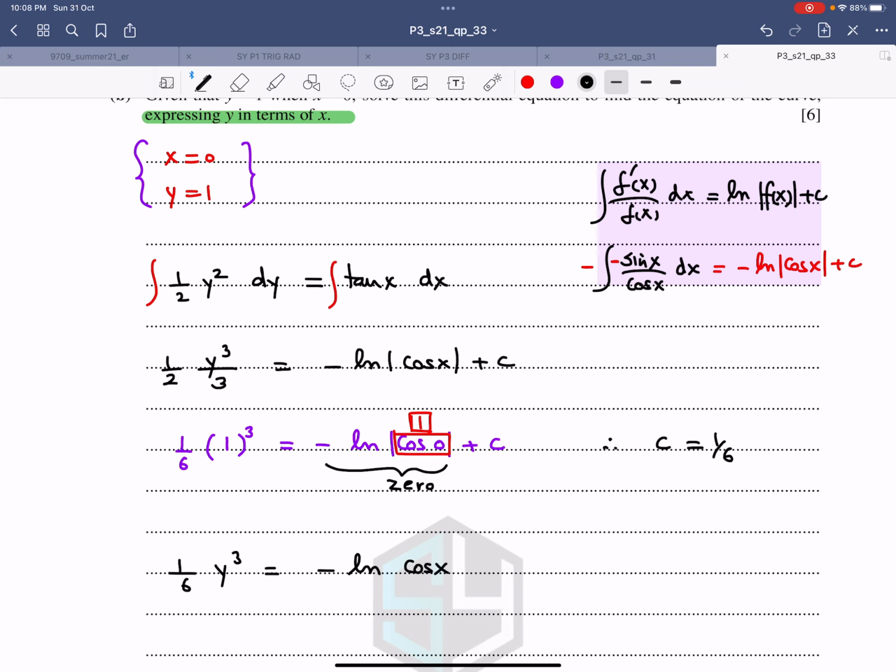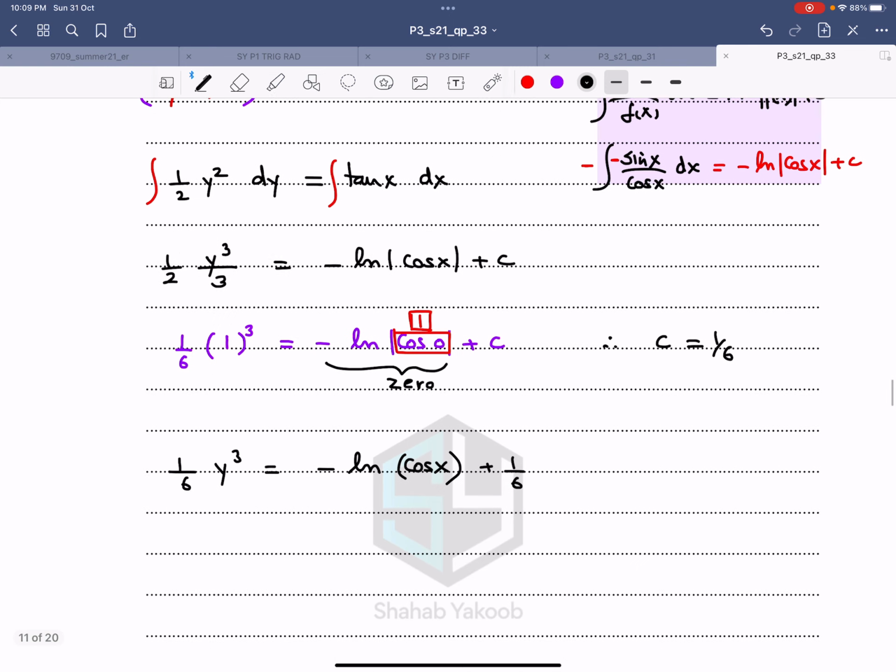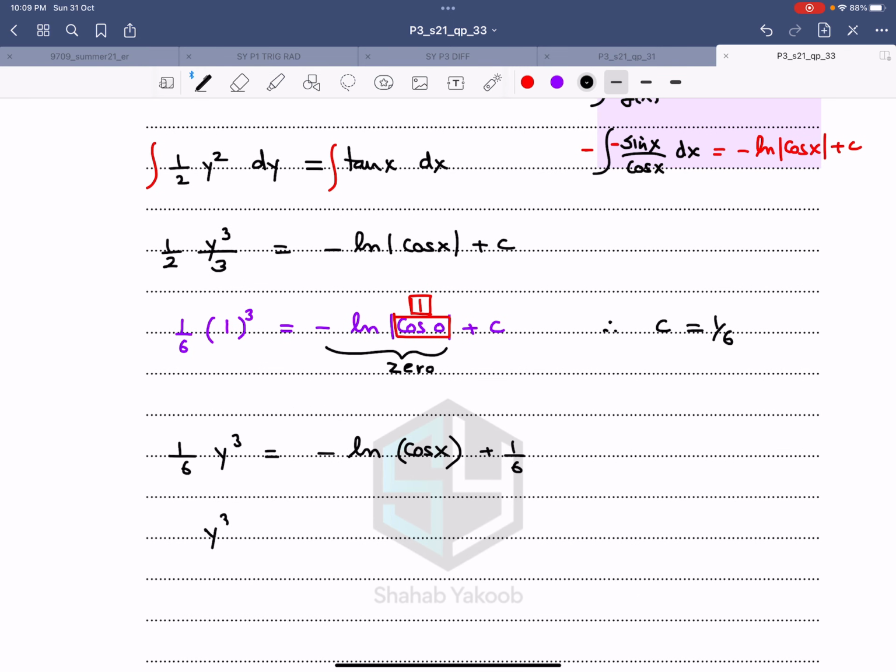You can use a bracket. You can use a modulus sign. Modulus is more appropriate when we are plugging in values and there comes a negative value. So the modulus comes into action. And this is 1/6, so multiply throughout by 6. Therefore, y cube is minus 6 ln cosine x plus 1.